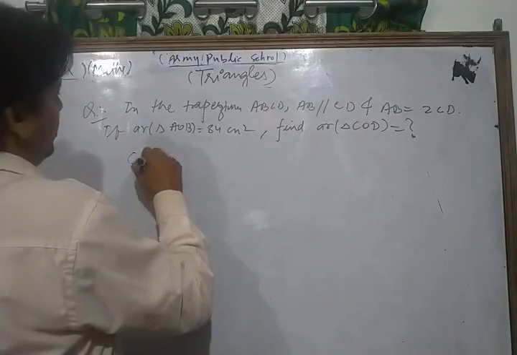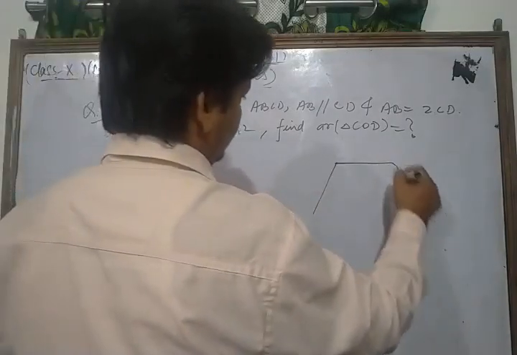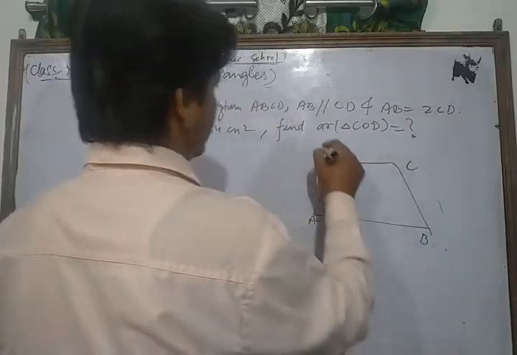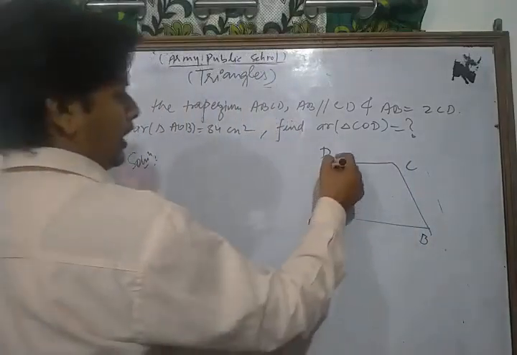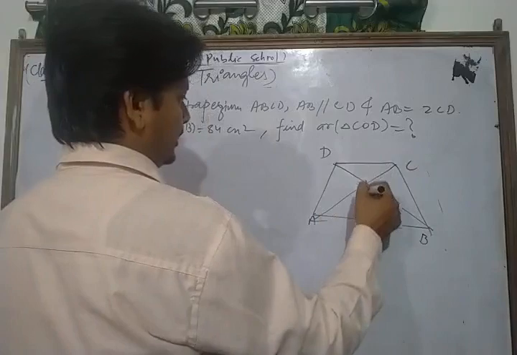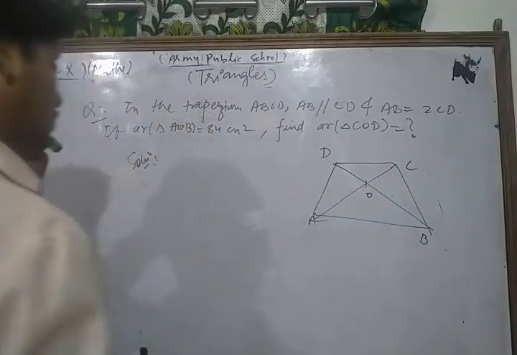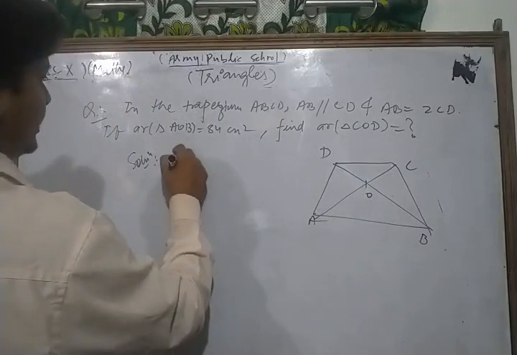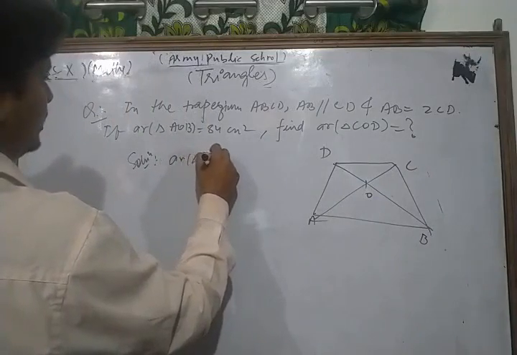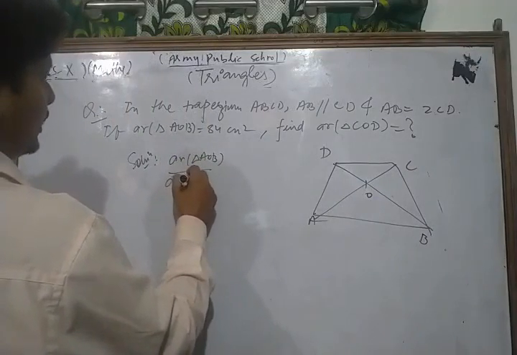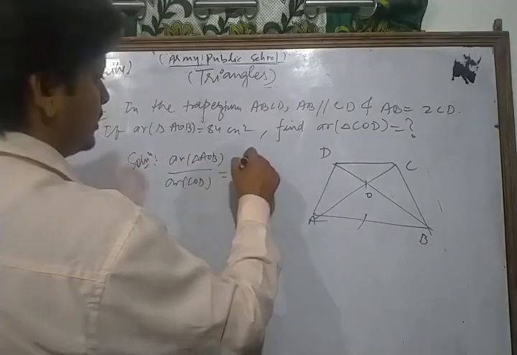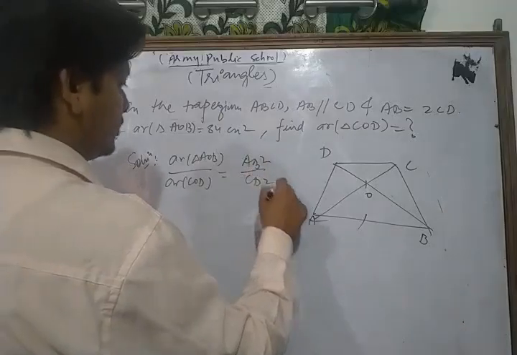So first of all, this is the trapezium ABCD, and the diagonals intersect each other at point O. From the figure it is clear, as I just discussed, that the area of triangle AOB upon area of triangle COD is the same as AB square upon CD square.